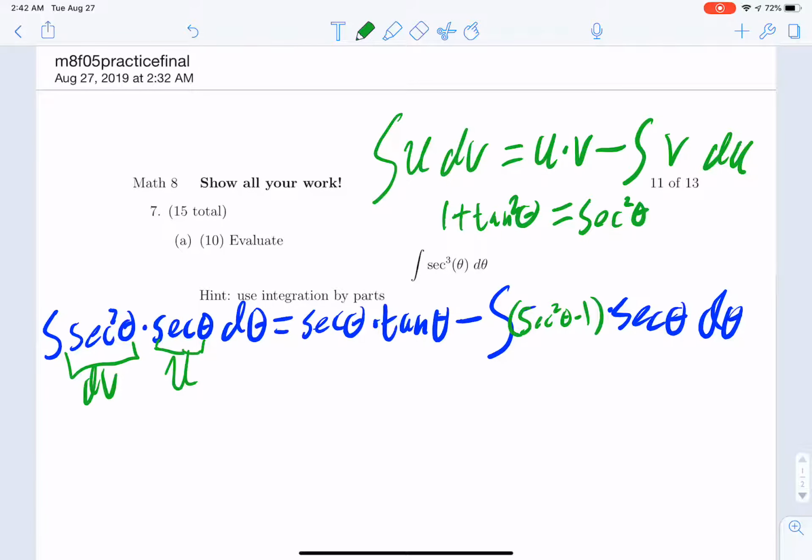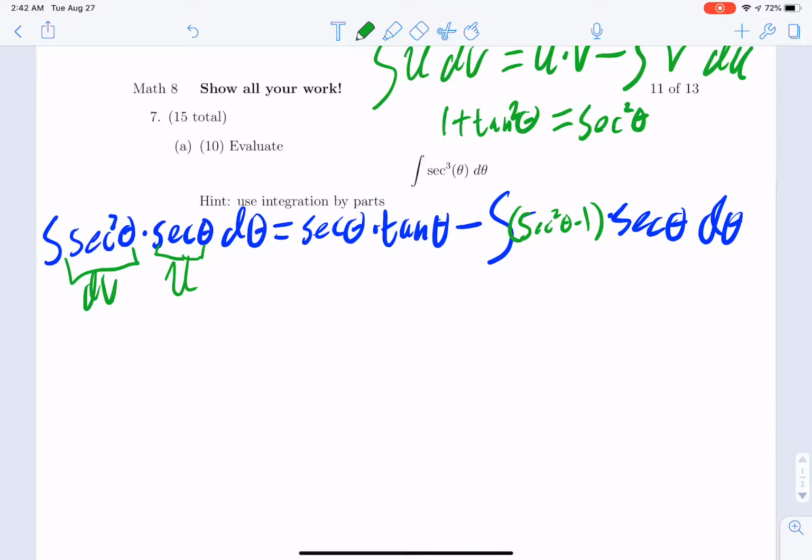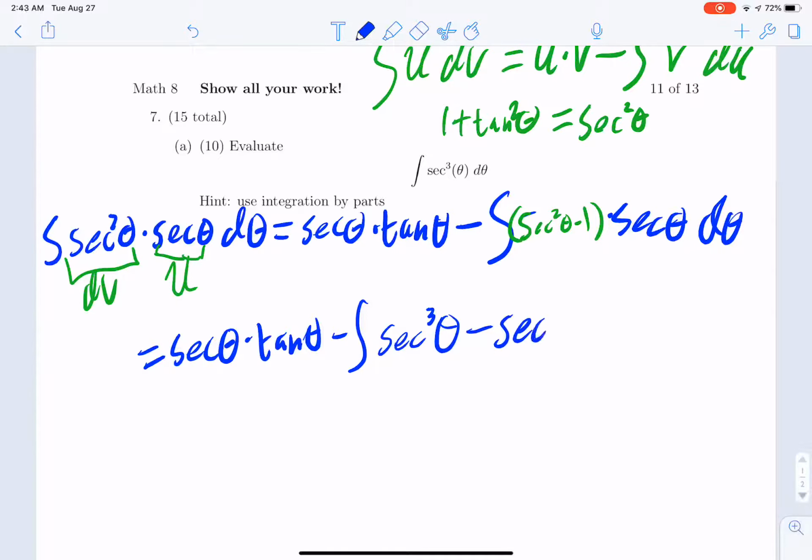Okay, and then we can just distribute that secant into it, and we get that this is equal to secant theta times tan theta minus the integral of secant cubed theta minus secant theta d theta.